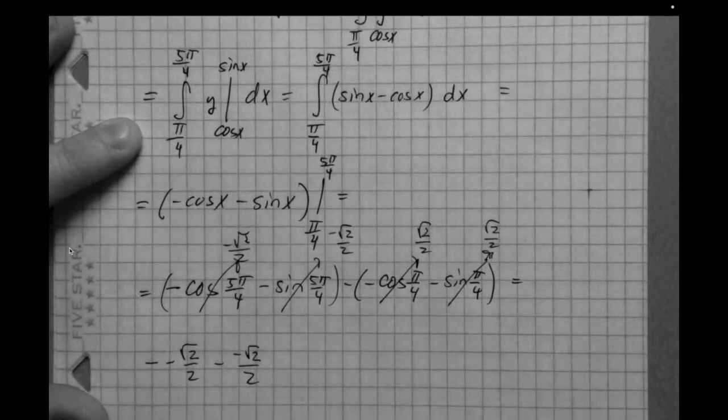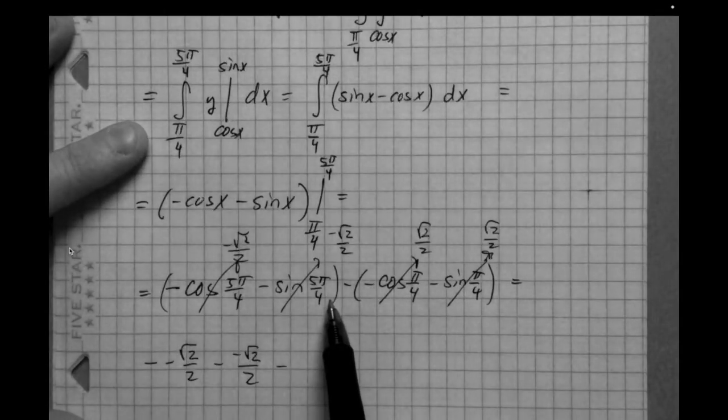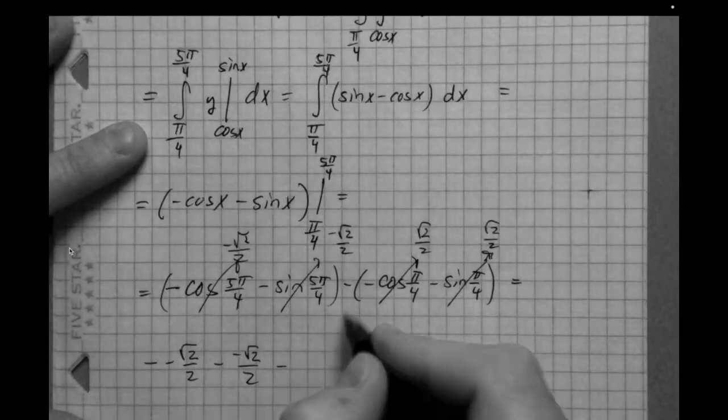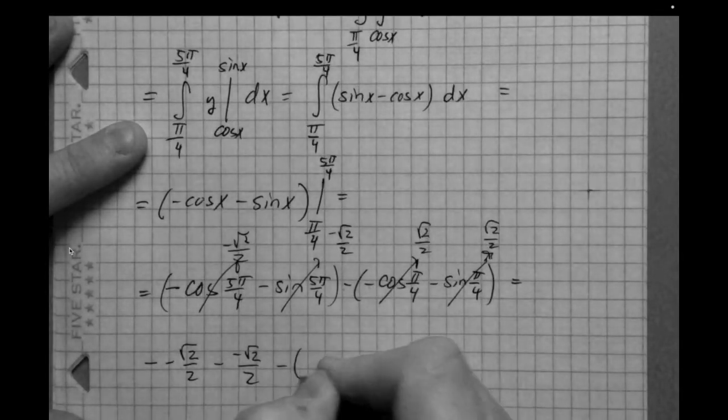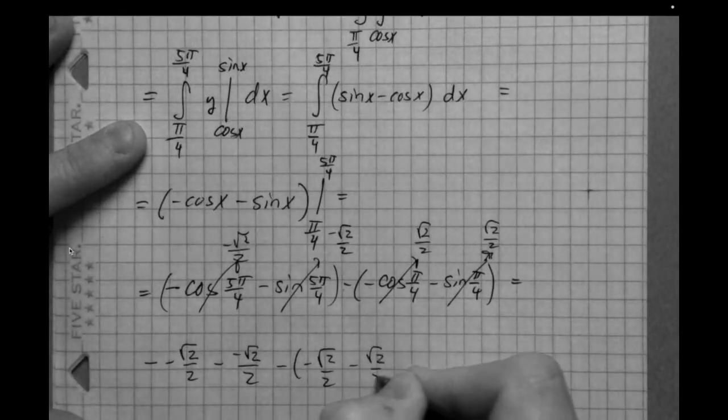You have to keep the negatives straight, it's kind of a mess here. And then this is going to be minus a negative square root of 2 over 2 minus square root of 2 over 2.